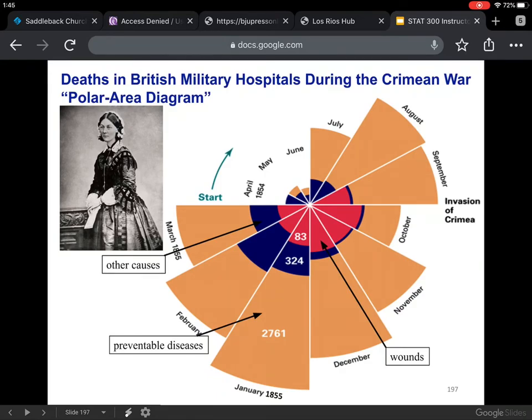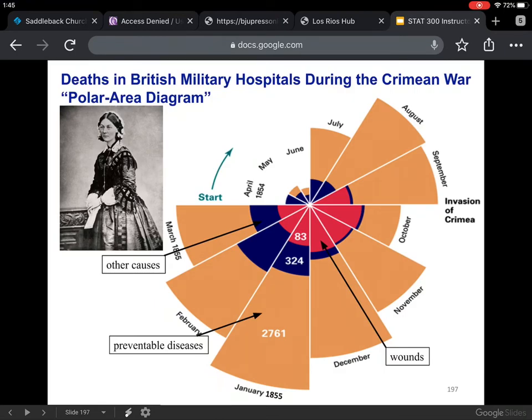And so she created this polar area diagram, and it showed basically, look, all of the brown, people are dying from preventable diseases. We would be able to not use the same knife on one and the other person to sever an appendage. There's germs, there's diseases that transfer if things are not sanitized.